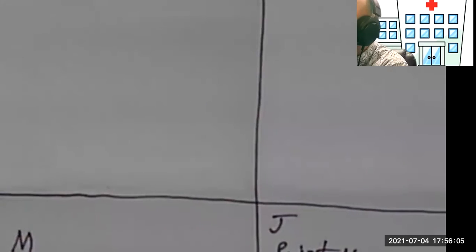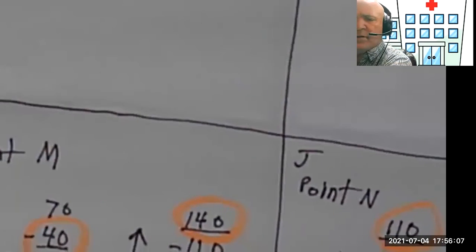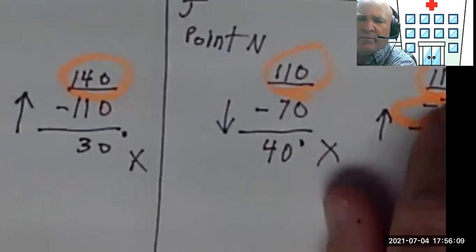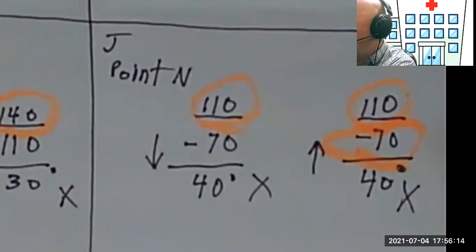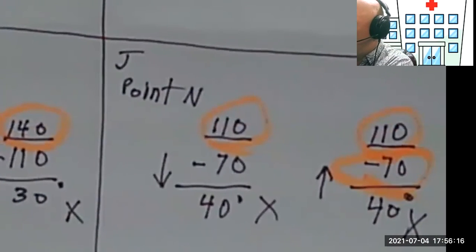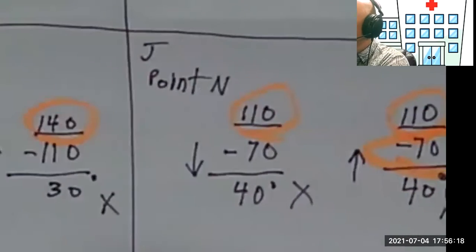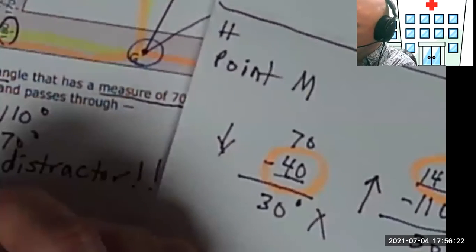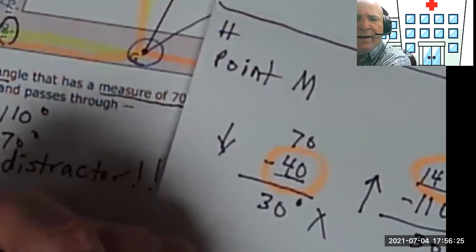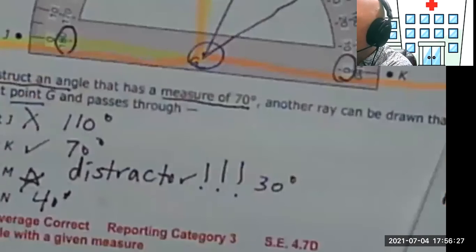So this last one, this was the one that was on the top, and we always make sure that we subtract with the big number on top, but it still comes out to 40 degrees. So we're going to eliminate letter J because it has a measure of 40 degrees. And so the only one that has the correct measure is letter G.